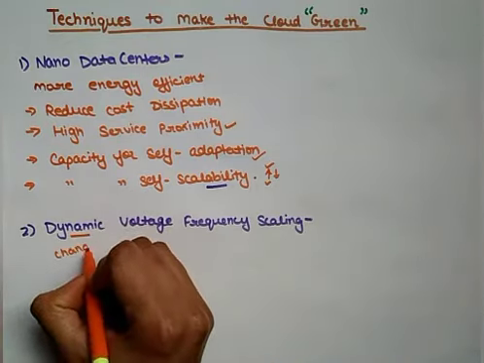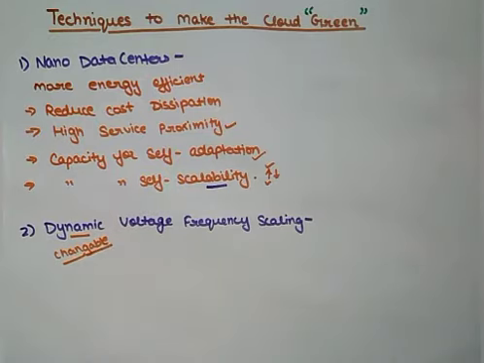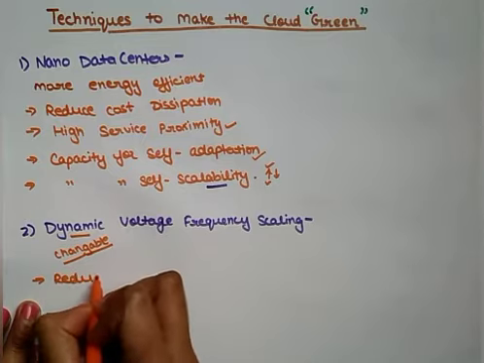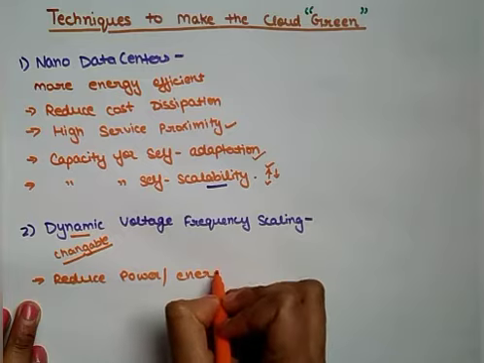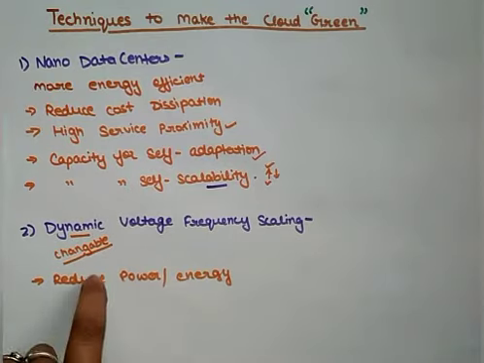The voltage is changeable according to the system or the user's requirement, right? It is a method that reduces the power and the energy consumption, right? And it is used with frequency scaling, right?